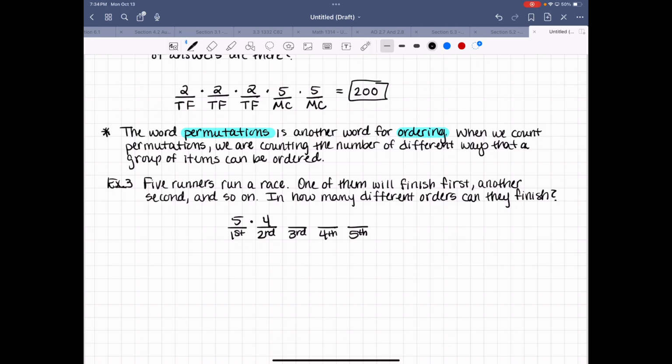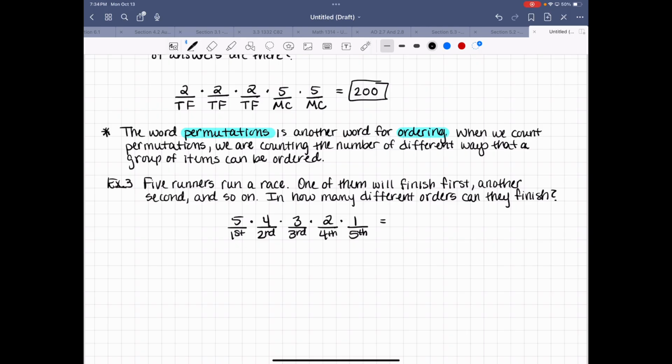There's only 4 people left because first and second place are done. All that's left is place 3, 4, and 5. How many people are left that could take third place? 3. Then how many people are left for fourth? 2, and then there's the 1 person for 5th place, right? So these are the different possible ways that this could take place. Ordering does matter. Okay?